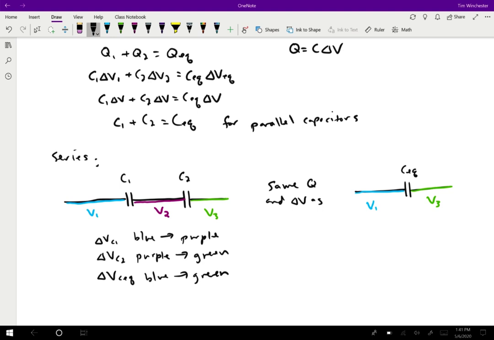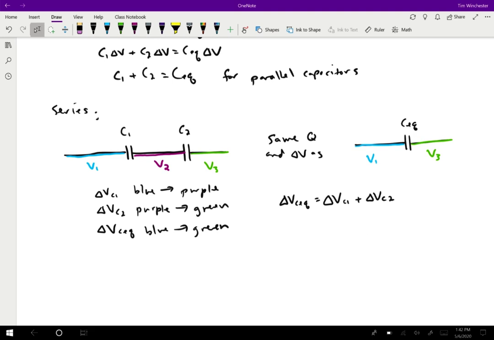All right, so going from blue to purple is some amount, purple to green is some amount, and then blue to green is going to be the sum of those others. So essentially, what I need to work with is the delta V for the equivalent capacitor is equal to delta V for capacitor 1 plus the delta V for capacitor 2. Okay, that's the relationship between those delta V's.